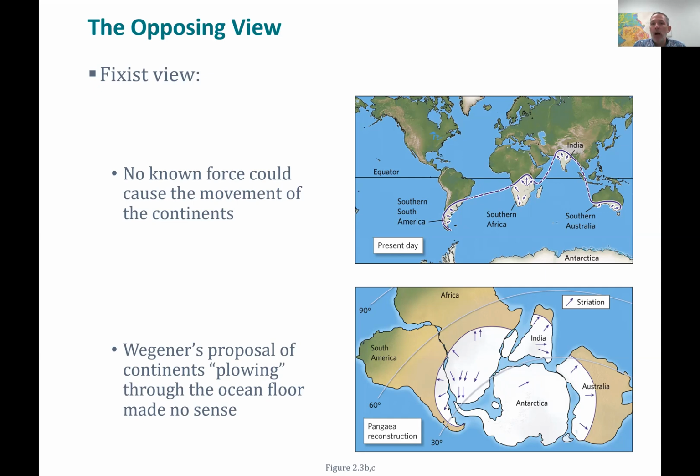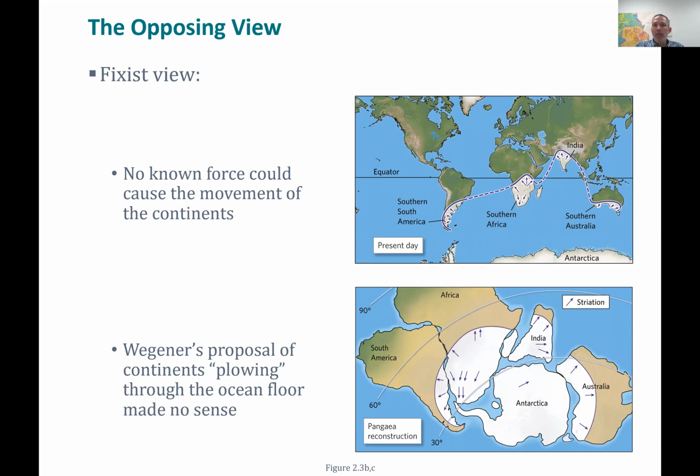And so they had a number of different arguments, even going to the point of going to Alfred Wegener's presentations and having people literally yell and taunt at him. And so the last laugh goes to Alfred Wegener, who realized that his idea did stand the test of time. As we collected more data, we realized Alfred Wegener really was onto something.